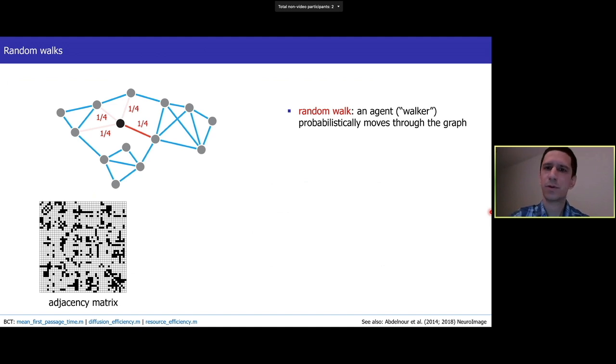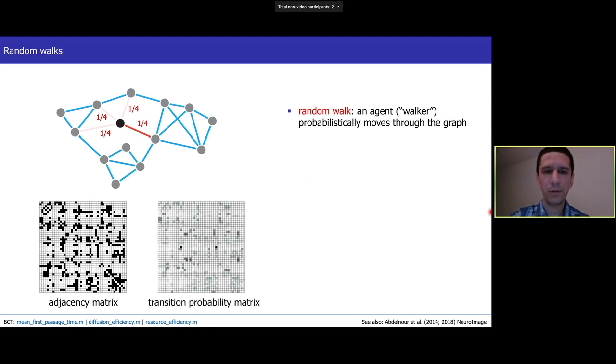And the way that this process actually is implemented is we take our adjacency matrix and we compute what's called a transition probability matrix. So we normalize the rows and the columns so that they sum to 1. And so if we have an agent that's sitting at node I, we look at its position at node I in the transition probability matrix, and the elements of this entire row give us probabilities of moving to any one of the neighbors.